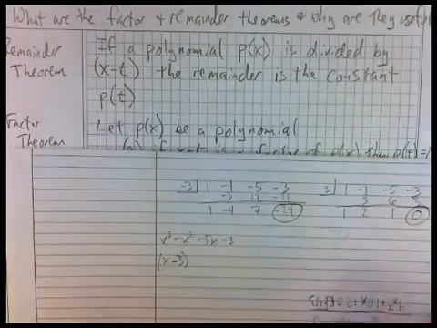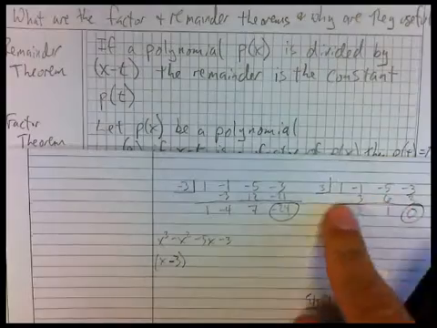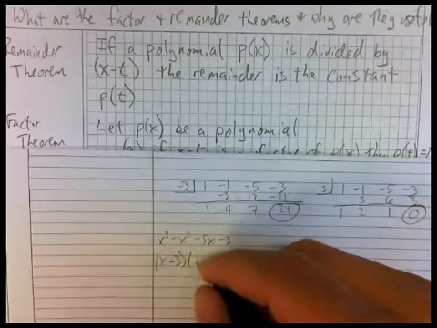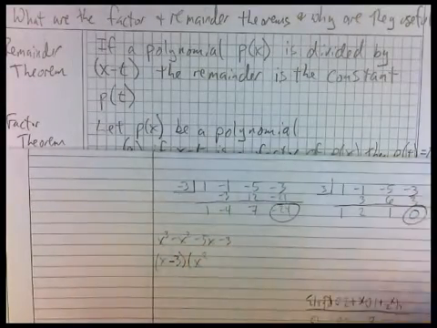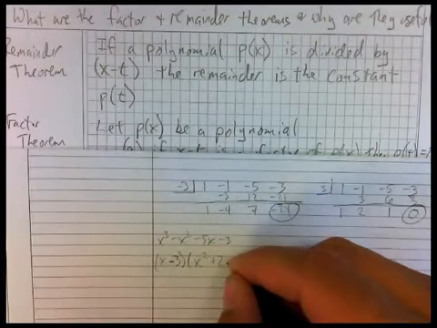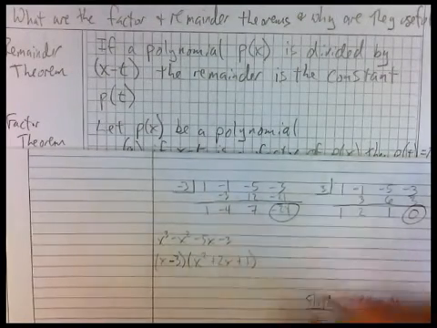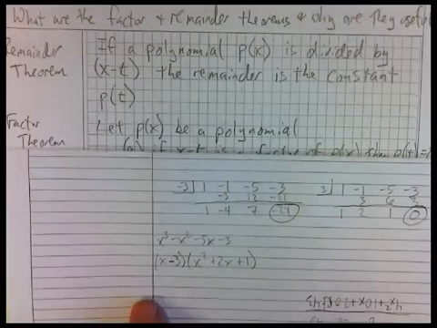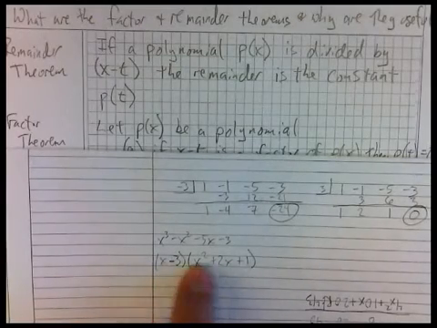X minus 3. And when I take that out of there, I'm going to get this as my coefficients. So 1x squared plus 2x plus 1.